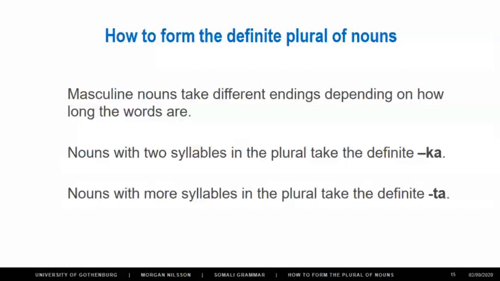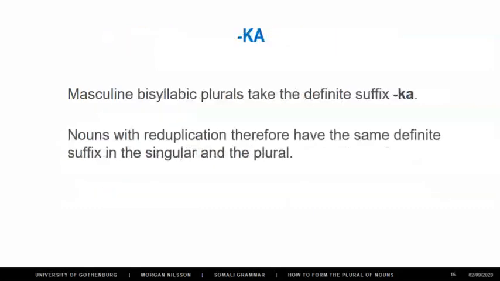So this divides the masculine nouns into two large groups in the plural. If we look at the shorter ones, the ones with two syllables in the plural that take the suffix ka, then we find two types of nouns here. One type are the nouns that form the plural through reduplication.